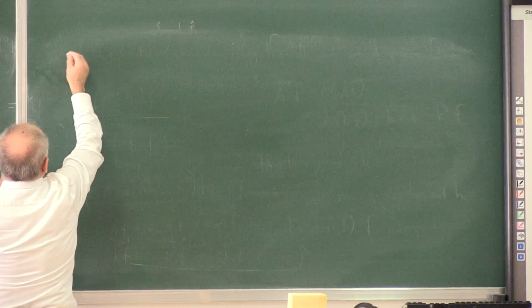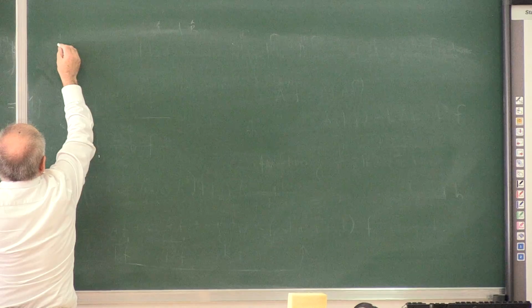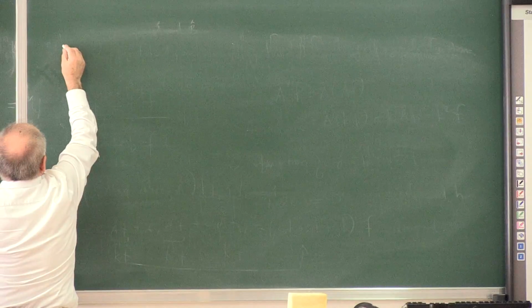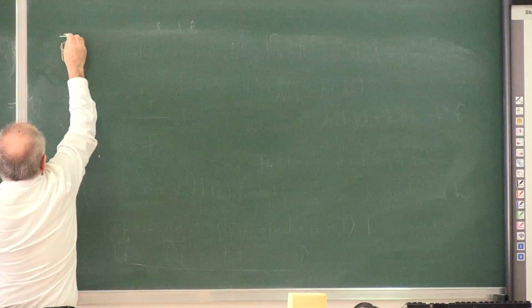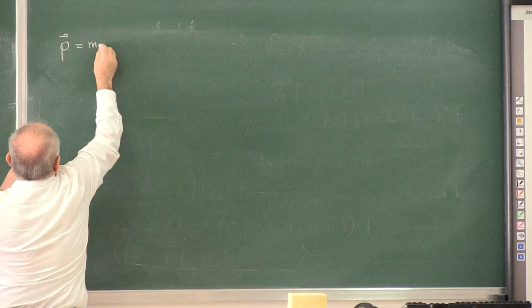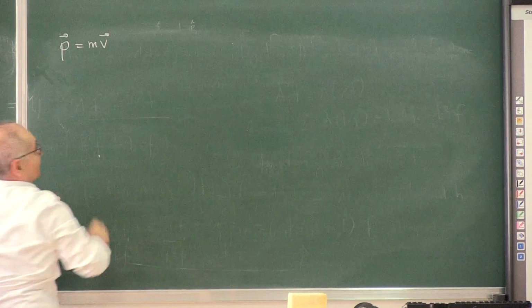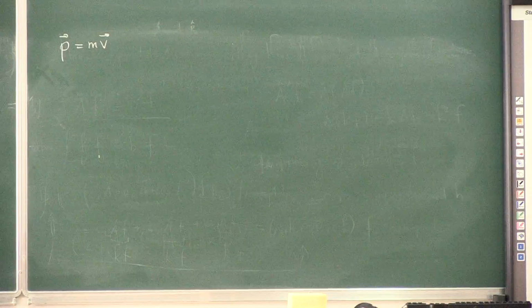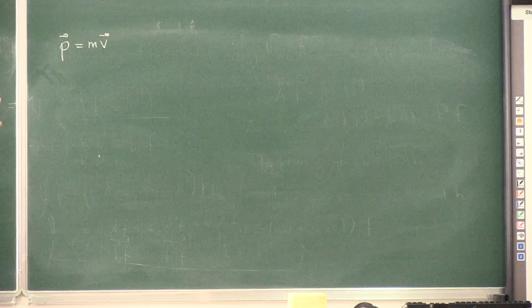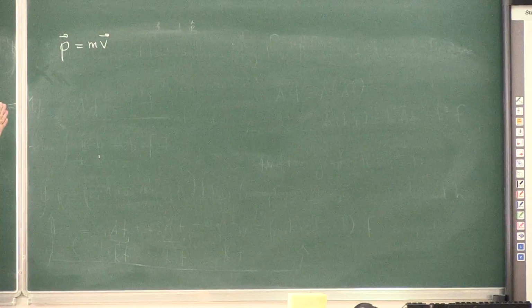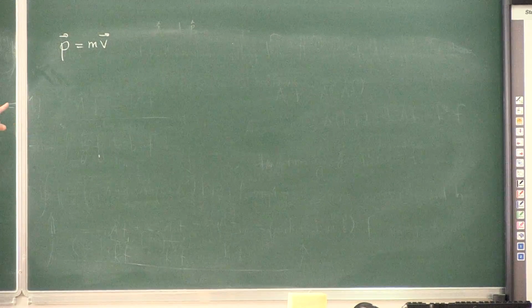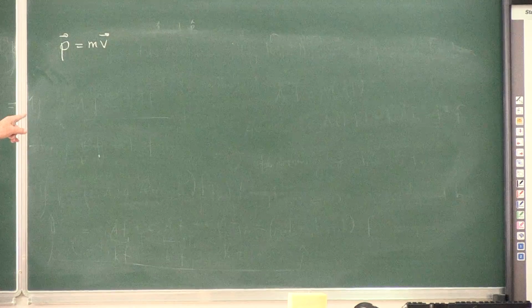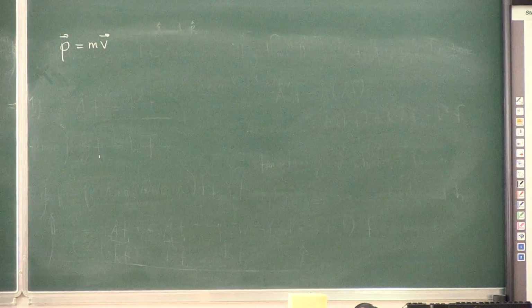All right. Now, let us start with some ideas, classically known quantities. This is the standard definition of linear momentum, isn't it? The left side is linear momentum, and the right side is using the velocity vector.